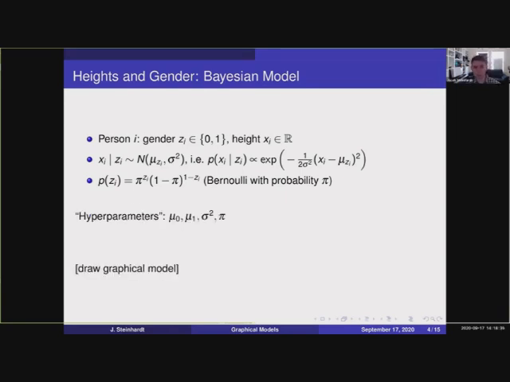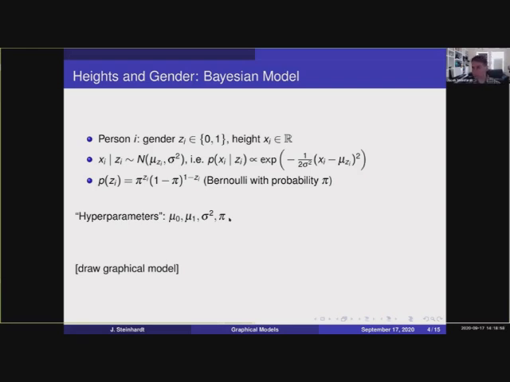And I want to introduce just a little bit of terminology, which is the idea of a hyperparameter. So these are unknown variables that are needed to specify the model, right? This mu0, mu1, sigma squared, and pi. And we'll talk about how to get those later.